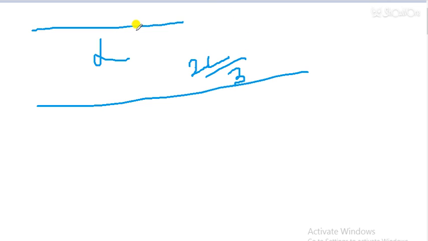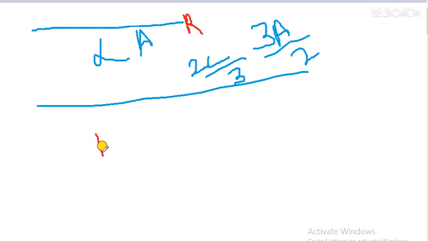How to solve it? Simply write here A, and here you will write 3A by 2. After the calculation you can check, this will be R and your R dash will be equal to rho into L by A, so it is 2 square by 3 square.